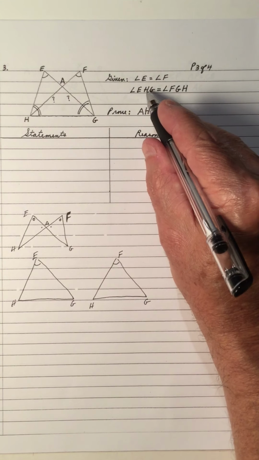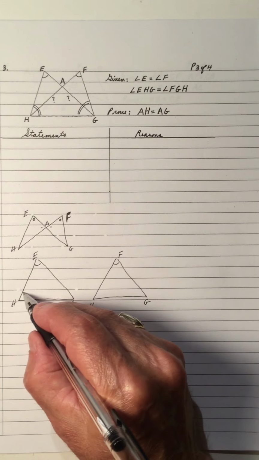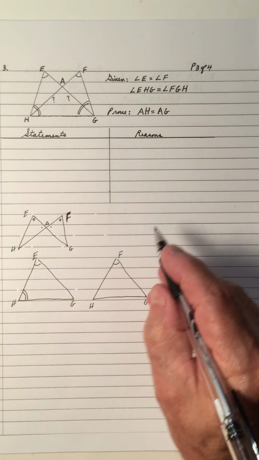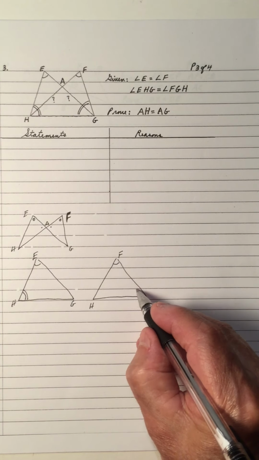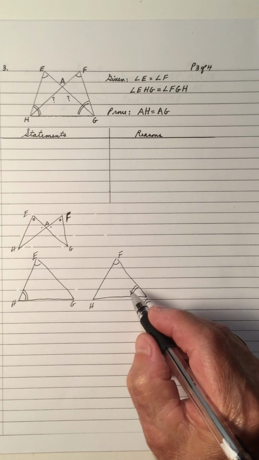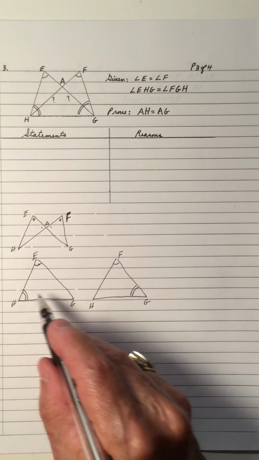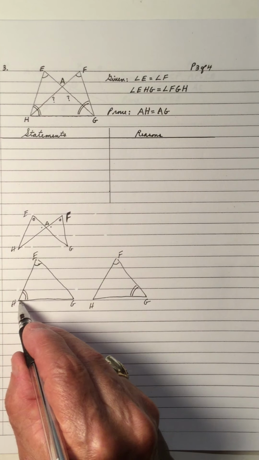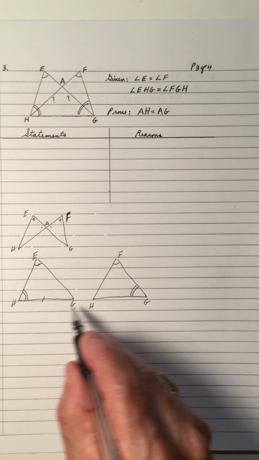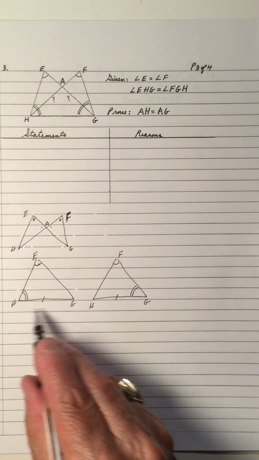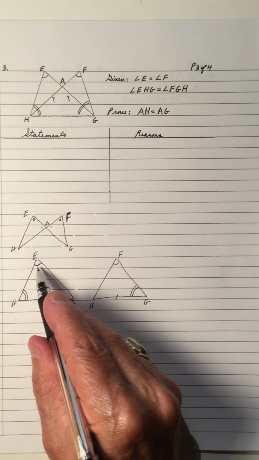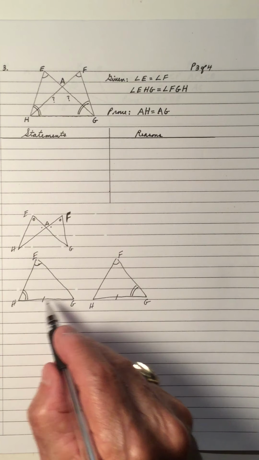We have EHG, which is this one, equals to FGH, which is this one. And we have two angles equal, that's given. And we notice that HG equals GH, common side. So these triangles are congruent by AAS.